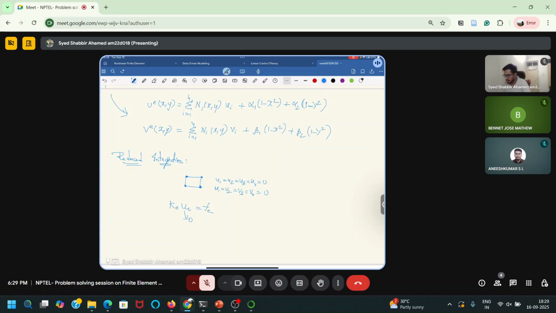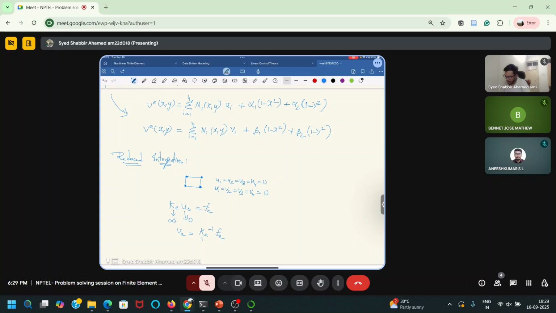So if this is becoming zero, it means that this KE is very high. If KE is near to infinity, and I take KE inverse into FE, 1 by infinity will become 0.